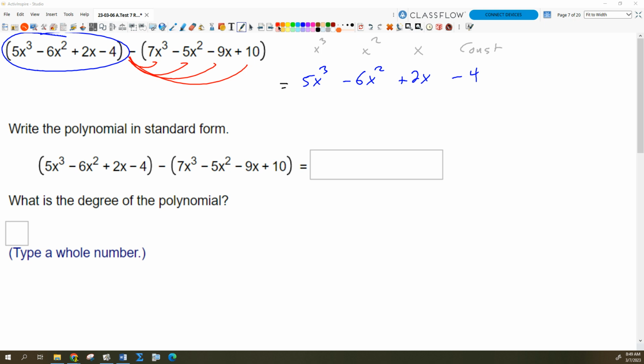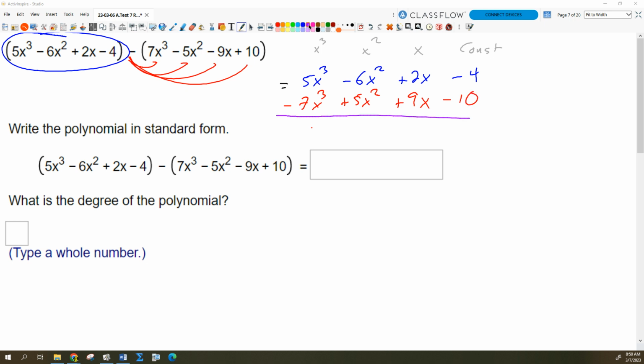And now we've got to do all our distribution. So I'm going to subtract 7x cubed. I'm going to subtract a negative, so that's adding, right? So we're going to add 5x squared, subtract a negative, so I add 9x, and then I subtract 10.